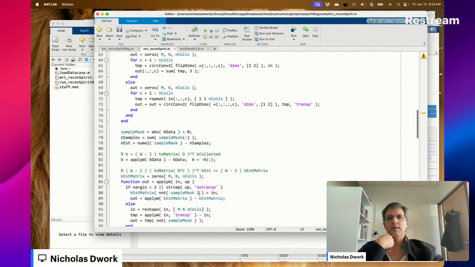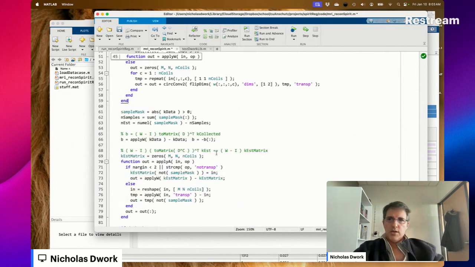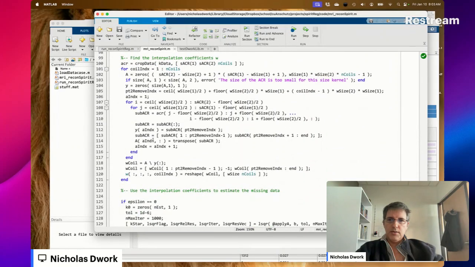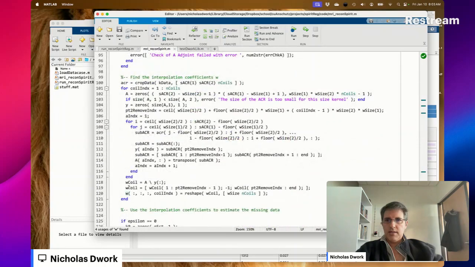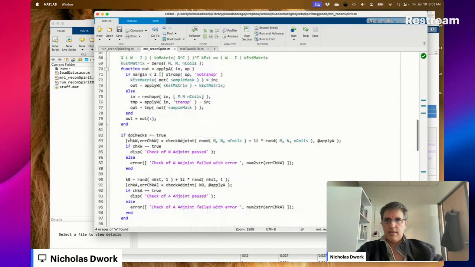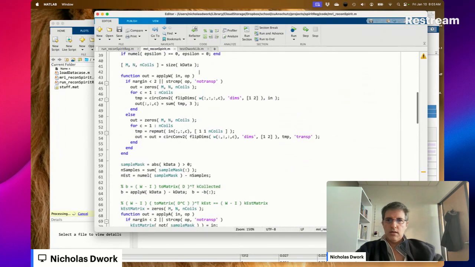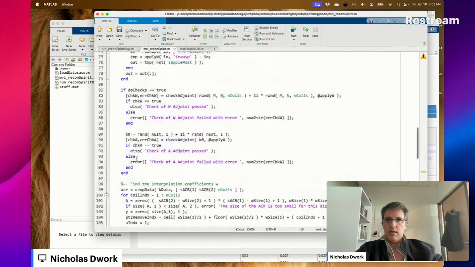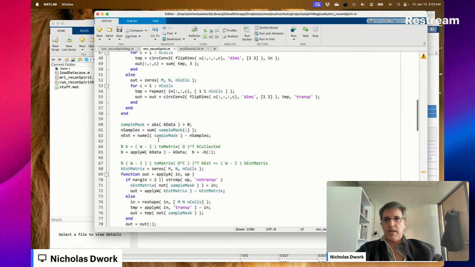All right, so then, what? So W is now actually not W, but W minus I. So where does W get created? Why does it get created way up there? Because these functions use it, or at least apply W uses it.